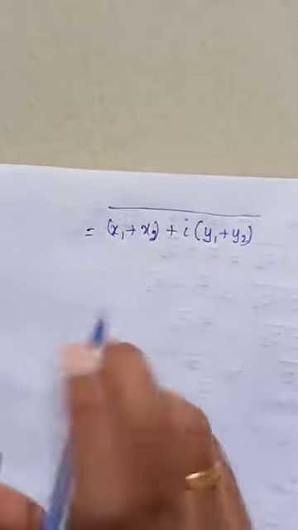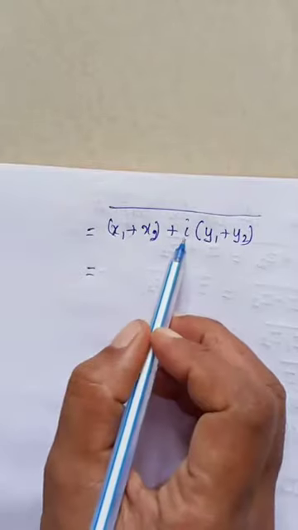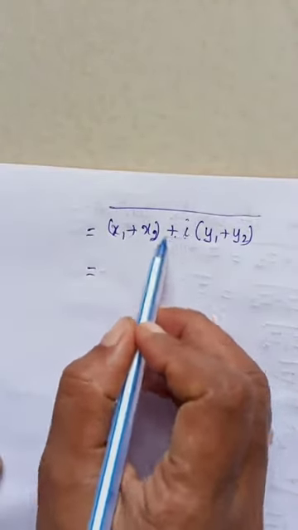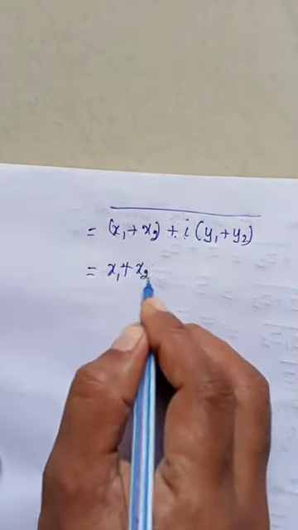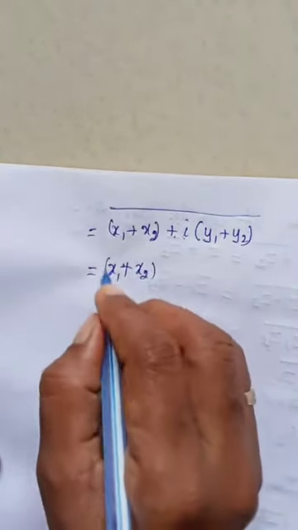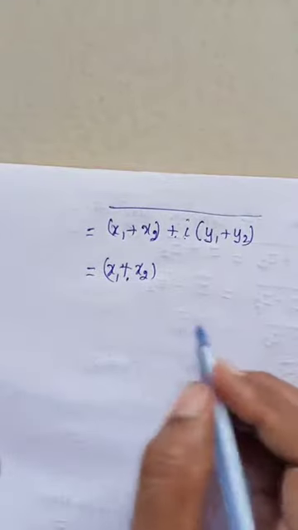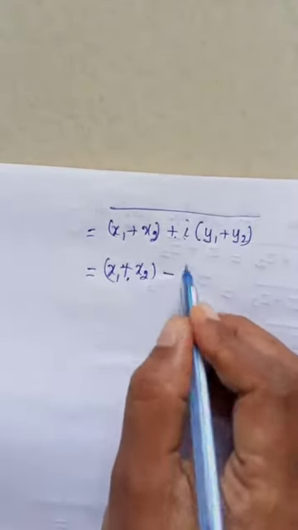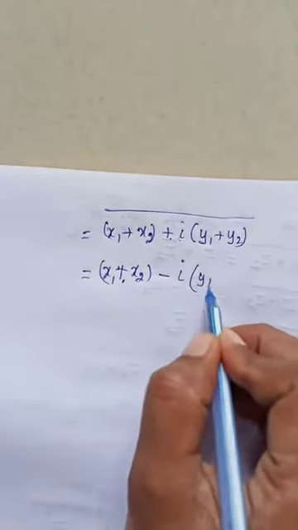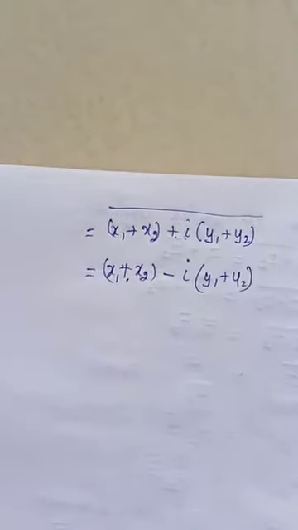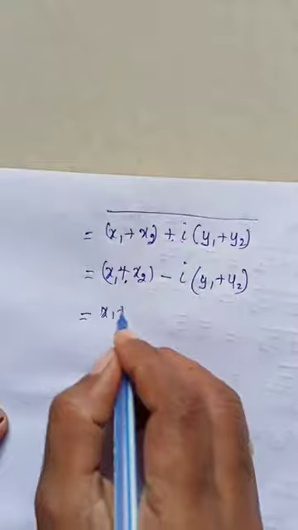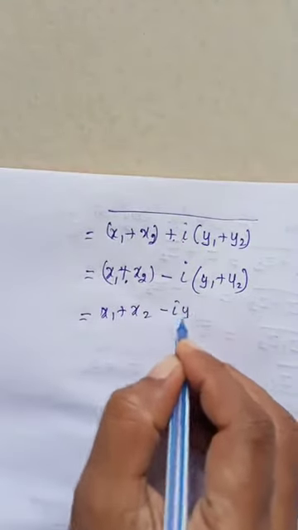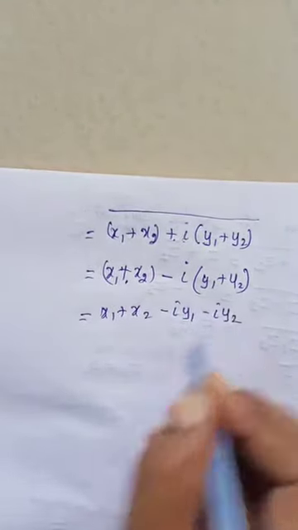Now we can find the conjugate. Conjugate means just change the sign of i. So we get x1 plus x2 minus i into y1 plus y2. Now if I separate it, x1 plus x2 minus i y1 minus i y2.